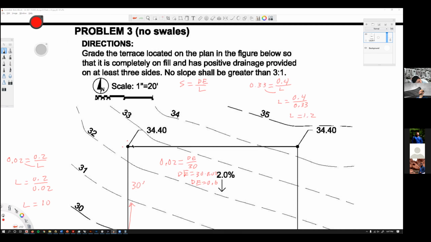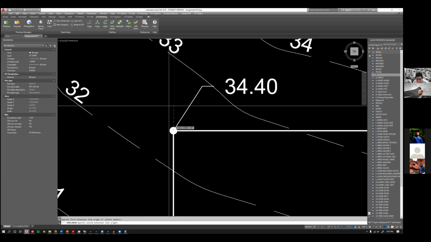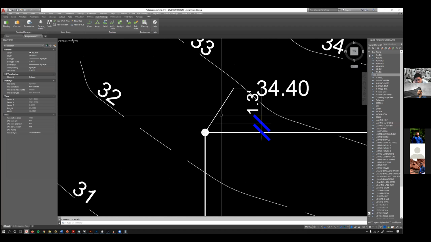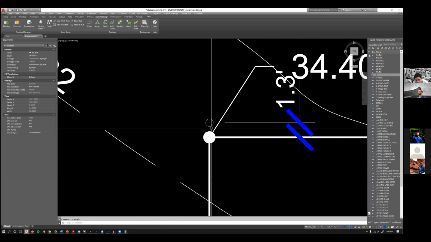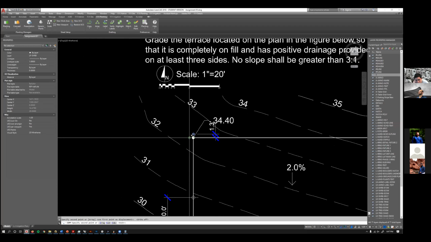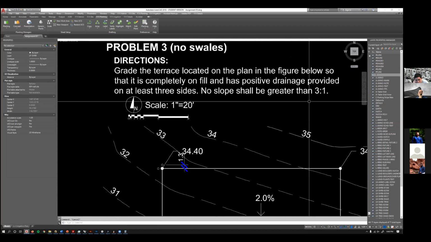You go to your drawing, you draw that in, and try to measure as best you can. Then you put your first dot there. Same on the other side. Just eyeball it for now. Because you're using a slope of 3-to-1, for every 3 feet of run you have 1 foot of rise.